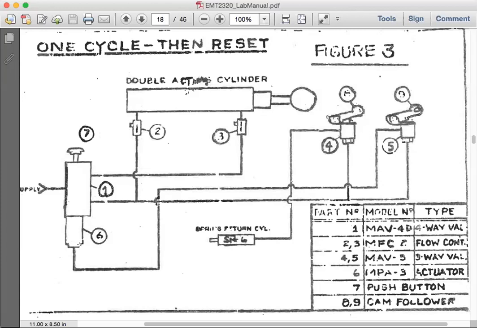So pressure will reset this valve, but the original initiation or activation is done through manual pressing on the stem. And you see number 7 indicates push button. Push button is just a fancy way of saying you put a little cap on the top of the stem to make it a physical push button. But in the lab, we never put anything on the top. We just push the stem.